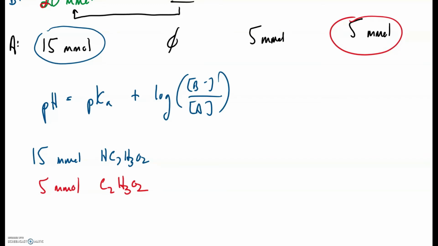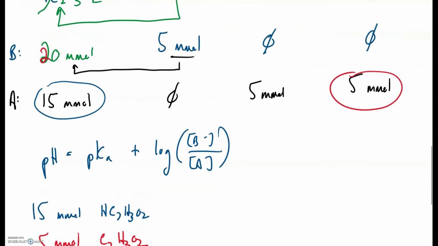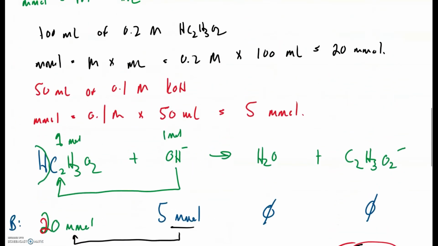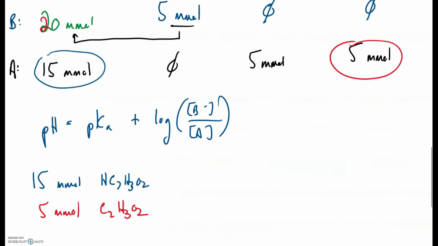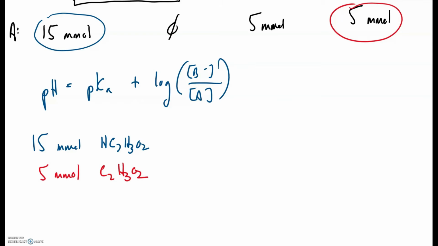So we're going to get our concentration by dividing by the final volume. Let's remember that this was 100 mils of acetic acid and 50 mils of potassium hydroxide. So everything's in 150 milliliters. So molarity is going to be equal to millimoles over milliliters.